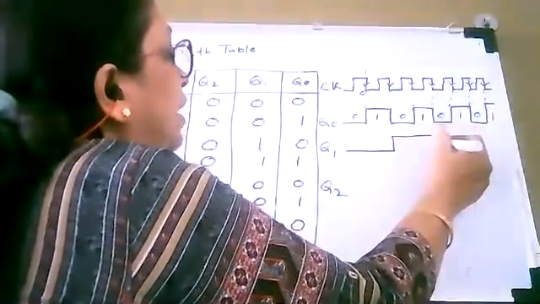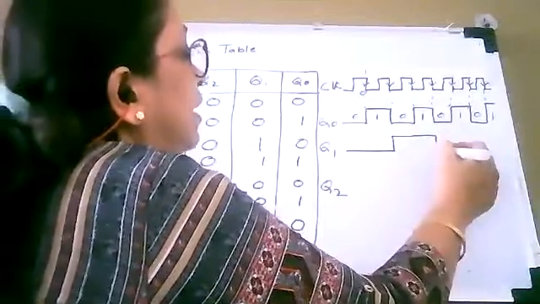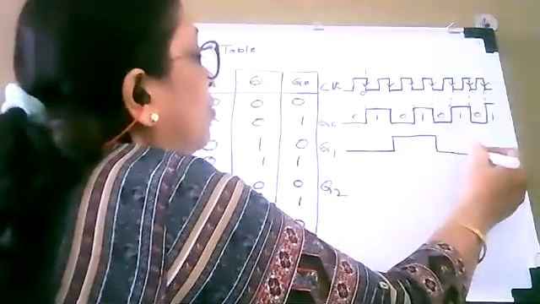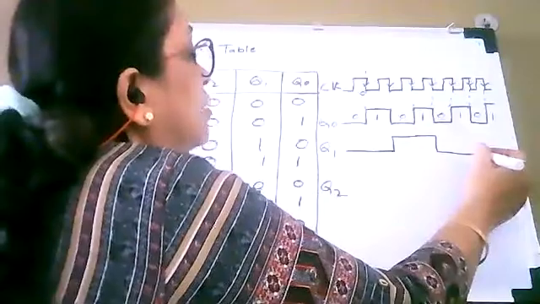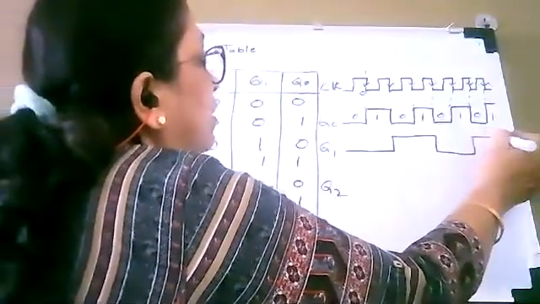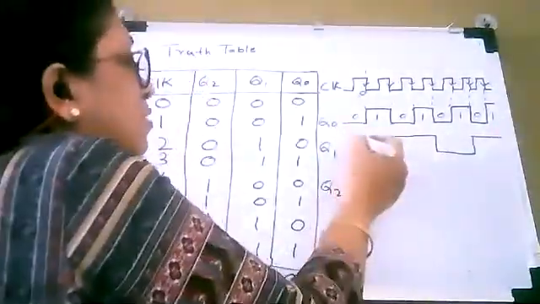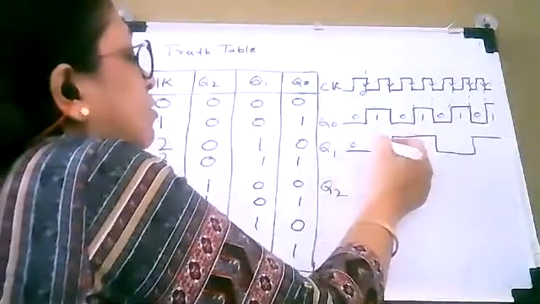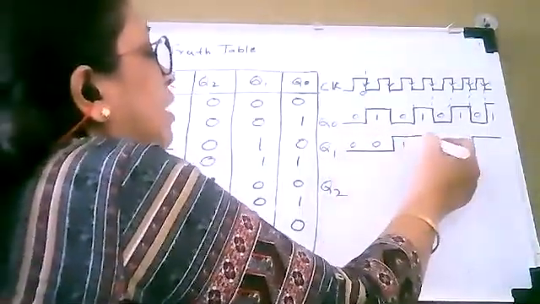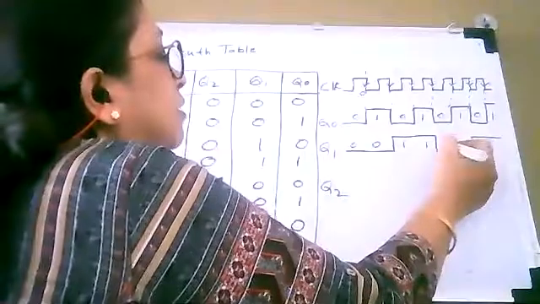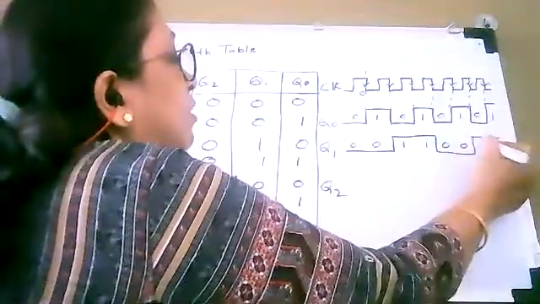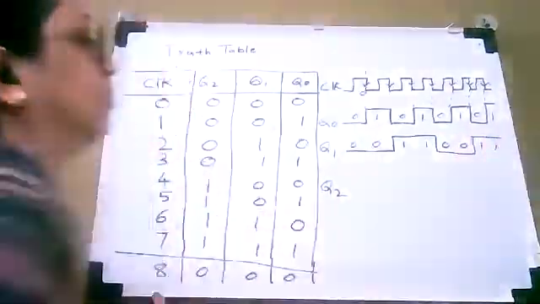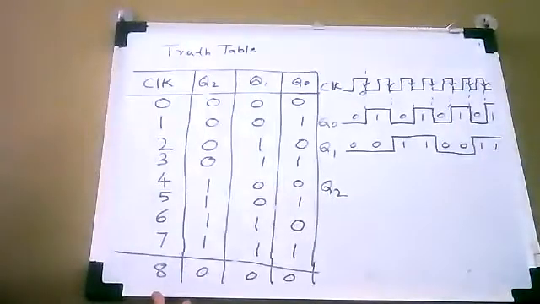So for 2 clock pulses again it will be 1. So again it is making transition becoming 0. For 2 clock pulses it is 0. Again for 2 clock pulses it is 1. So it will be 0, 0, 1, 1, 0, 0 and 1, 1. So that is what you can write.